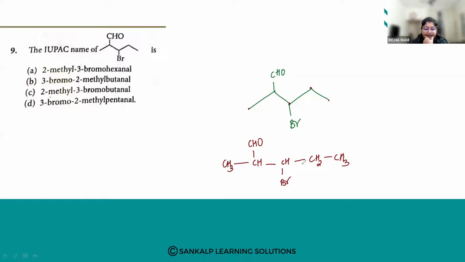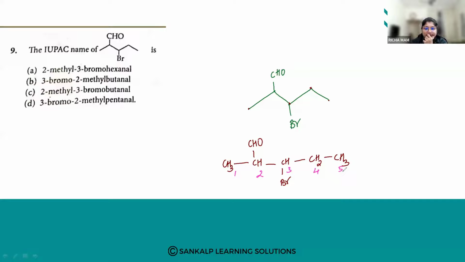You have to select the highest priority group, right? So if I write it from here, 1, 2, 3, 4, and 5.